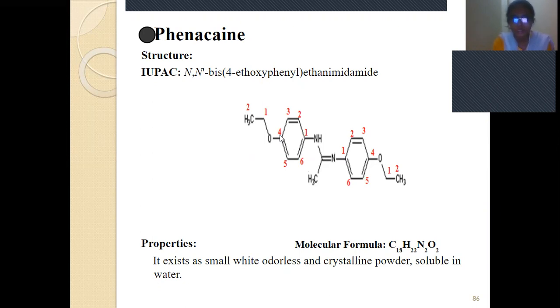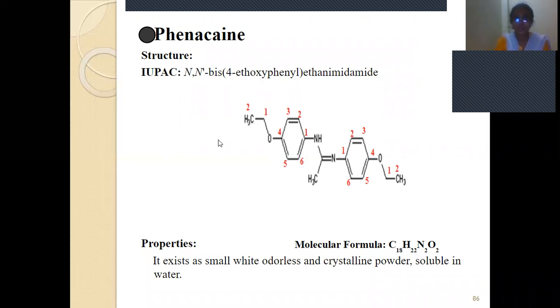How many 4-ethoxyphenyl groups are there? Two, so that is bis(4-ethoxyphenyl), and here is ethane with two amide groups, so that is diamide.